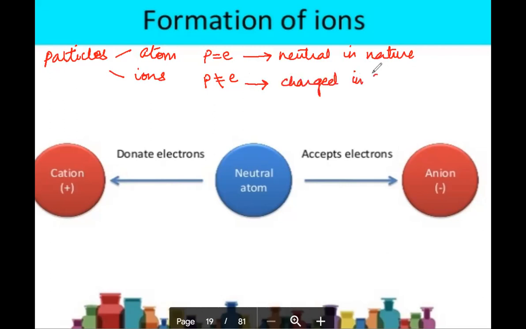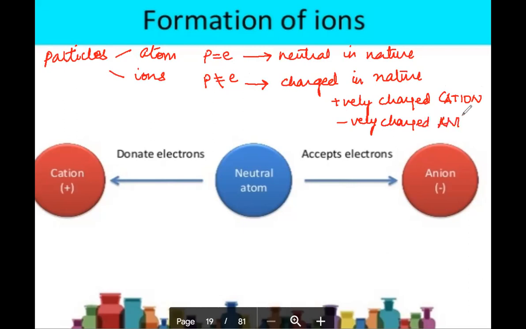They are either positively charged, known as cations, or negatively charged, known as anions. Now, if a neutral atom donates electrons, like for example, I take the example of sodium.